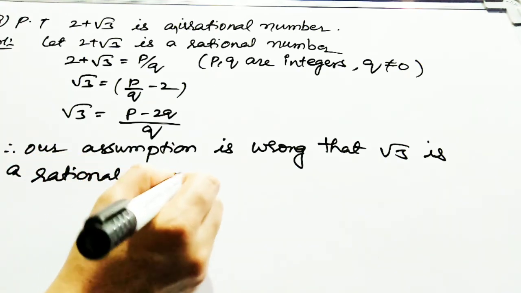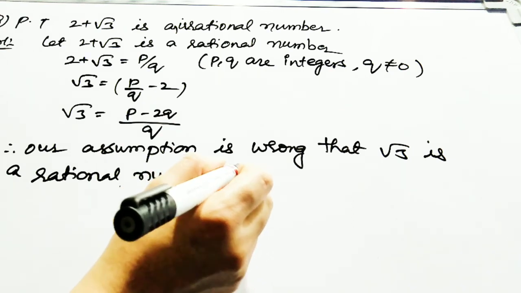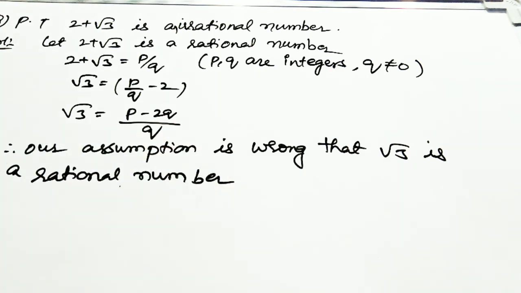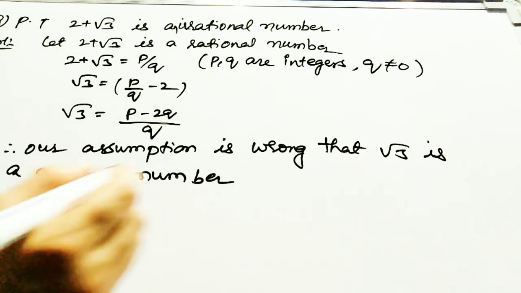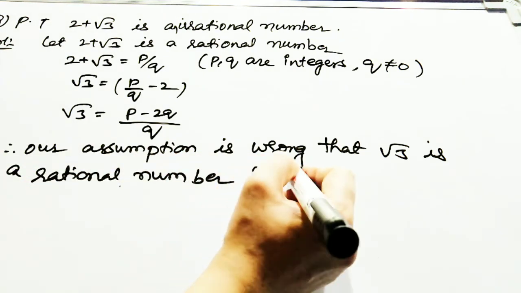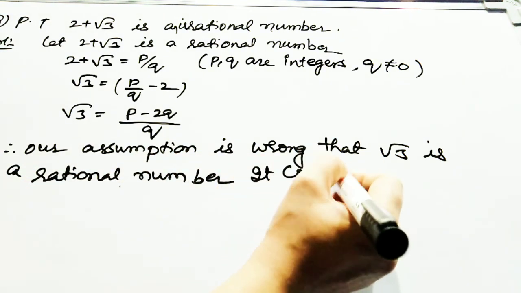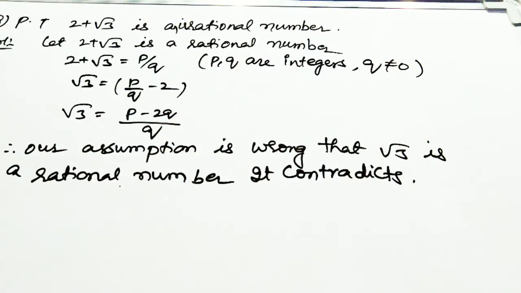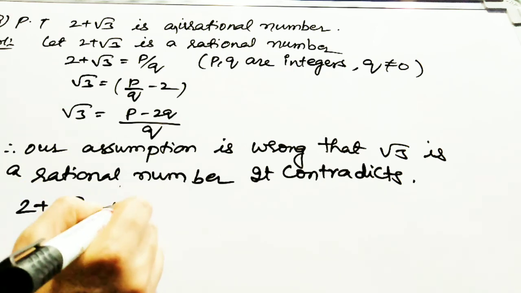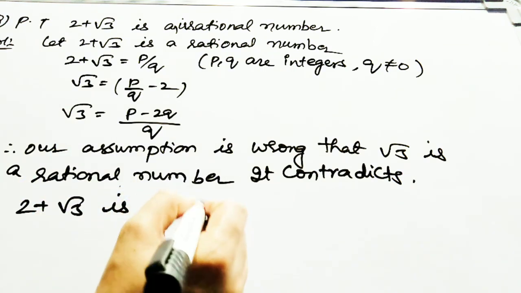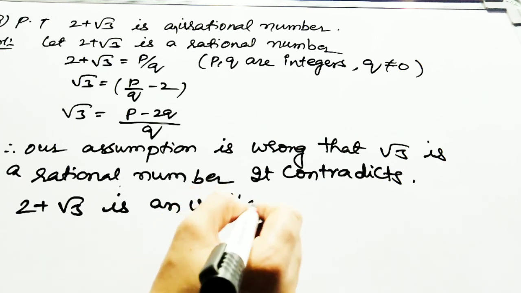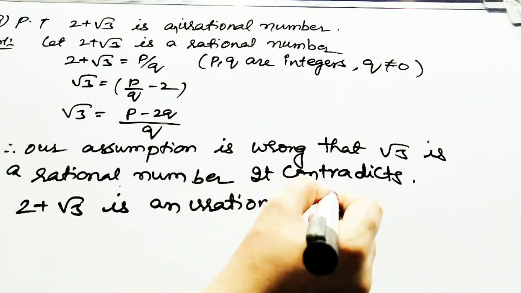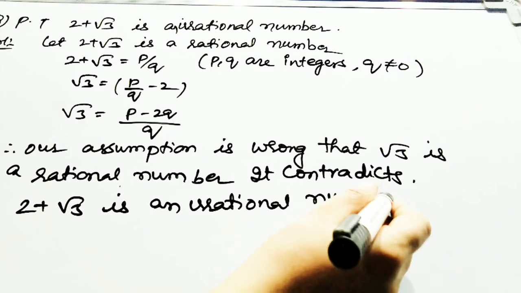It contradicts. So 2 plus root 3 is an irrational number.